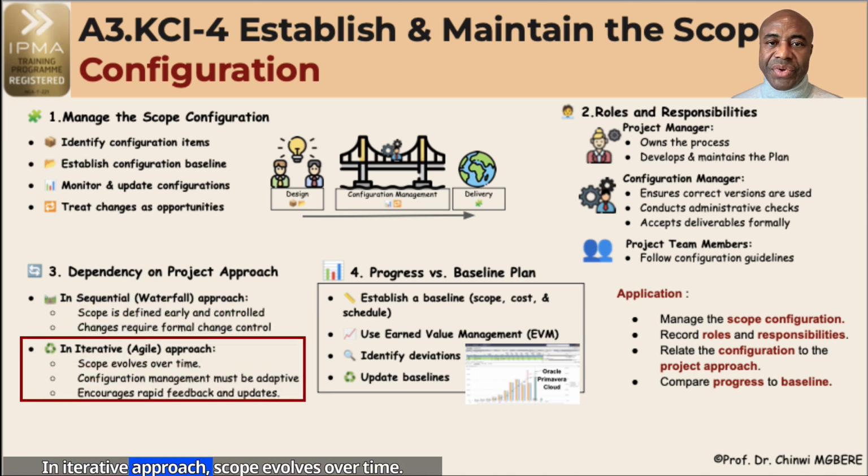In an iterative approach, scope evolves over time. Configuration management must be adaptive and frequent. It encourages rapid feedback and updates to ensure value is delivered. Your project approach informs how often and how rigorously configuration updates should occur.